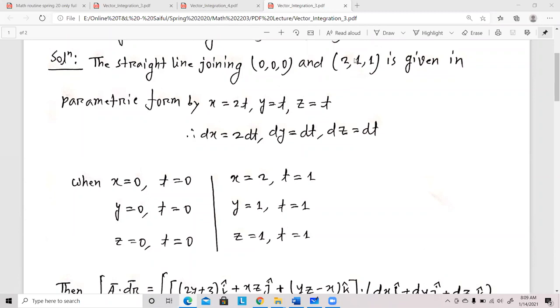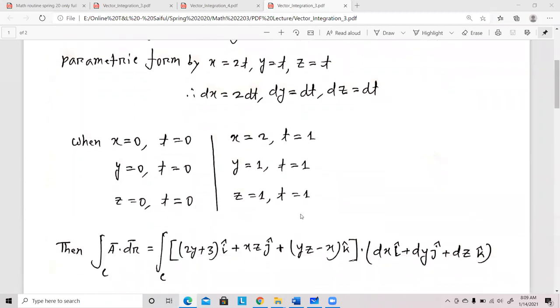When y is 1, t is 1. When z is 1, t is 1. So t varies from 0 to 1. So we got the lower and upper limits of t.